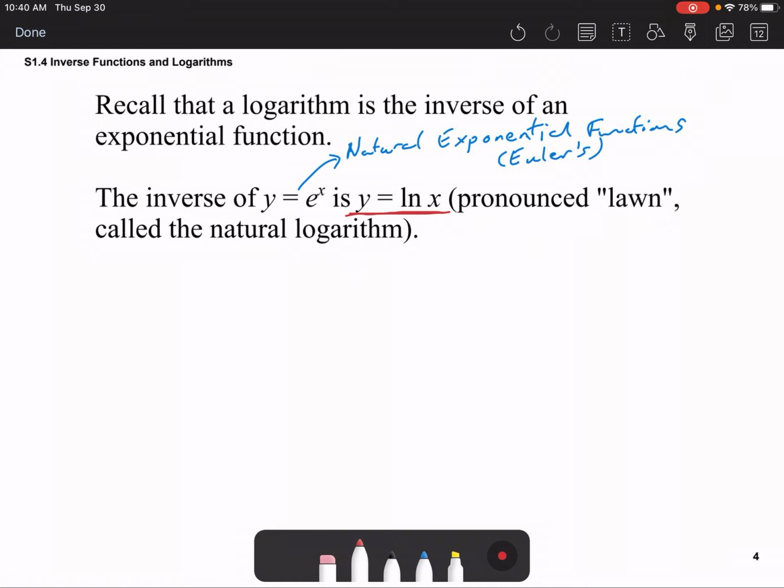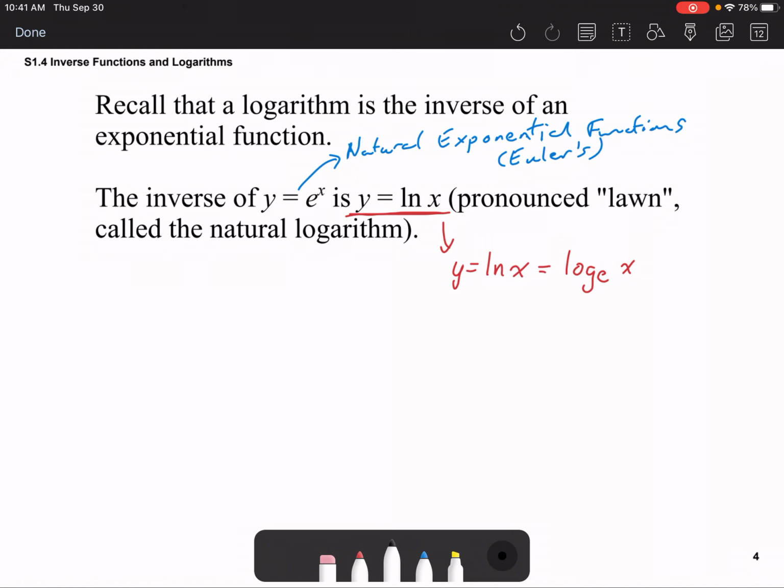So in other words, this y equals ln of x is actually equal to log to the base e of x. Now, they don't often use log to the base e of x. They consider that improper form, okay?